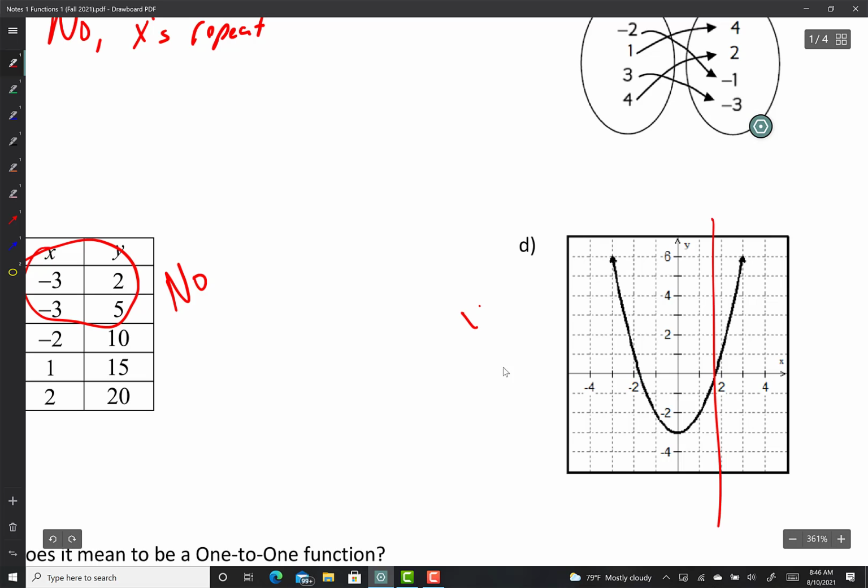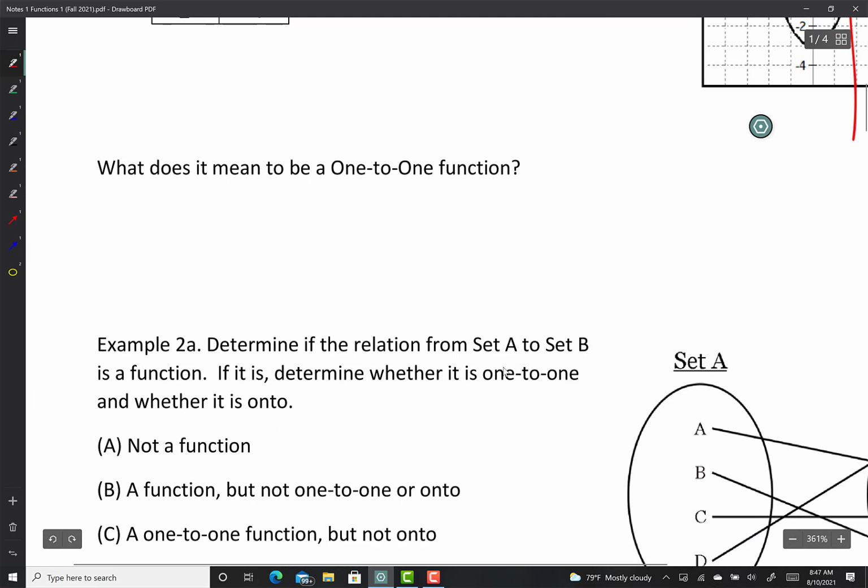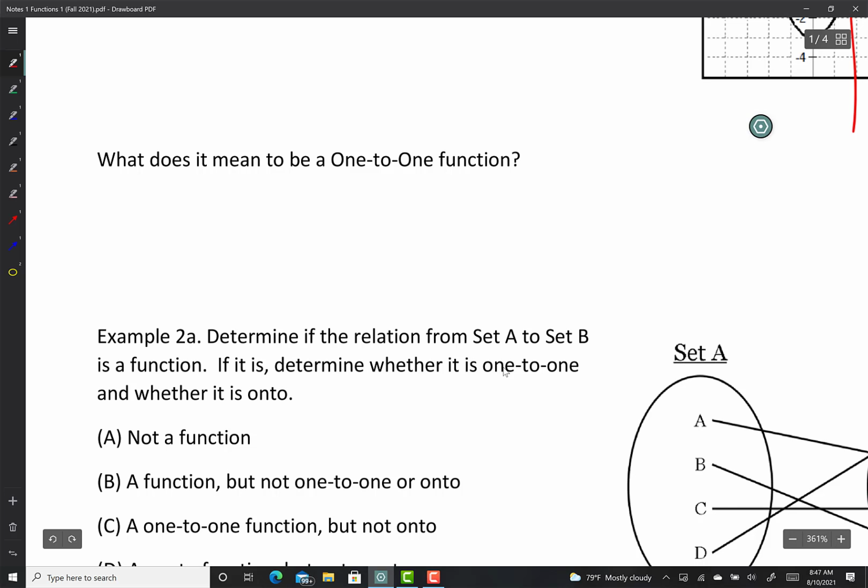Passes vertical line test. So you can see that you have a y value with two different x values. So it's okay for the x value to aim at a y value more than once. Cool or not cool?